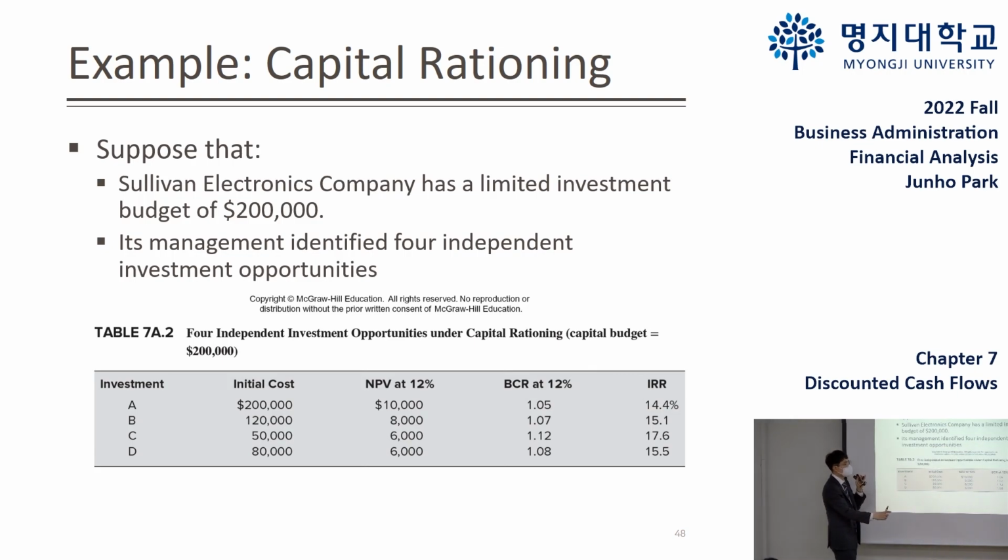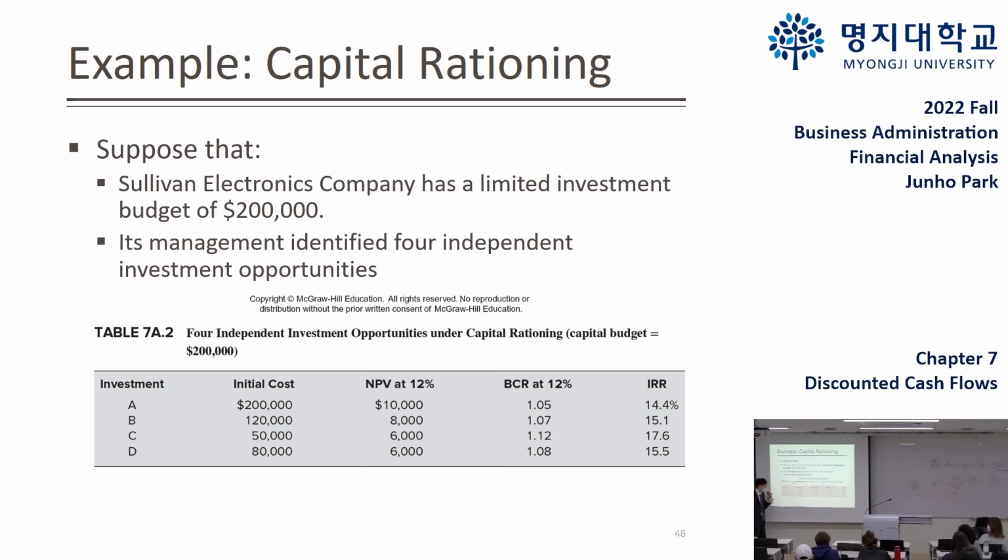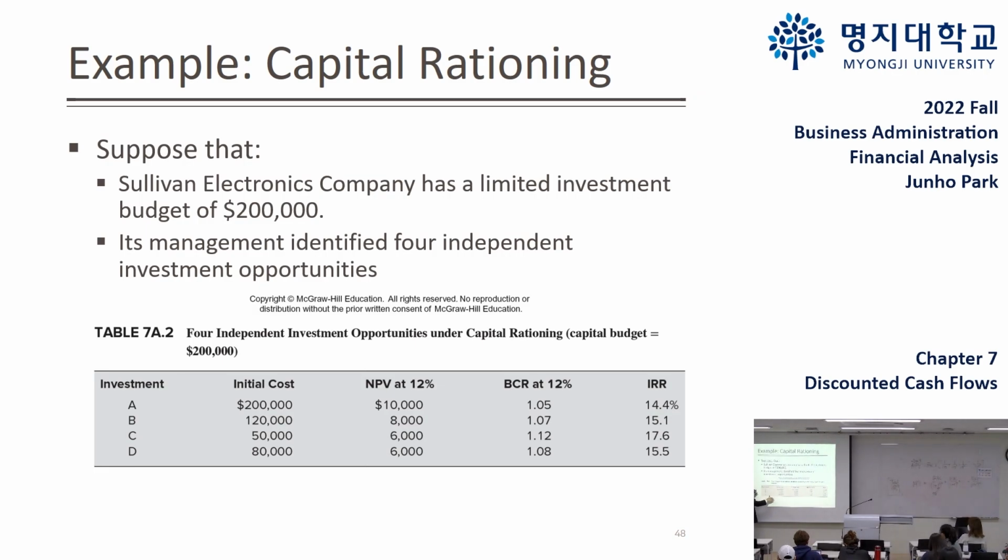And they require different sizes of initial cost. For example, for investment A, they have to put in $200,000 at the beginning. However, for project B, they only have to pay $120,000. Project C requires only $50,000.